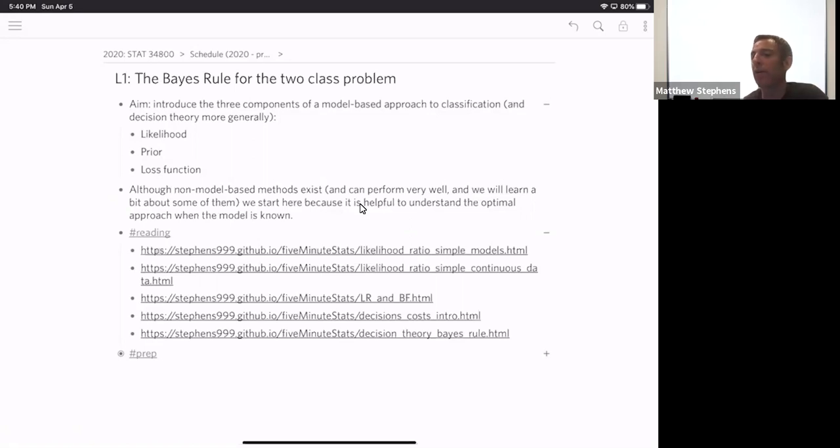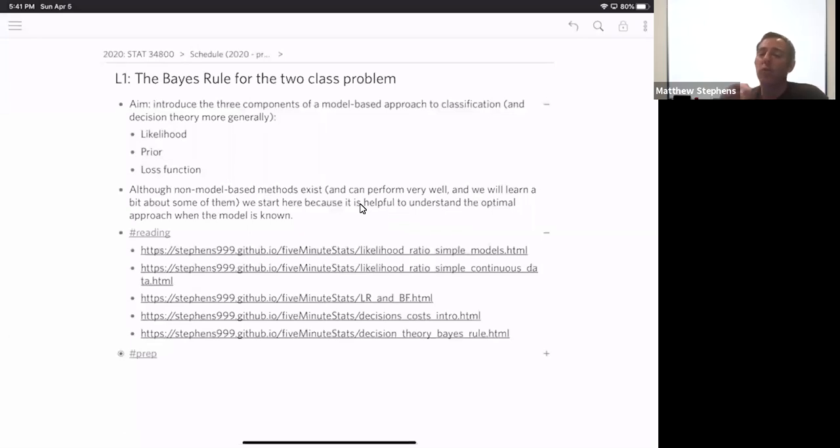And I'm hoping that by now, if, for example, I asked you to design a system to classify email for being spam or not spam, you could at least conceptually think about it in terms of, well, you need a way of computing a likelihood ratio for each email being spam or not spam, and then you need some way of quantifying what proportion of emails are spam versus not spam, and then you'd need a cost, which might be different for different people, of course, for making the two types of mistake, that is classifying ham as spam and classifying spam as ham.